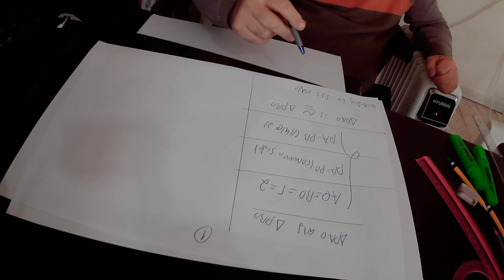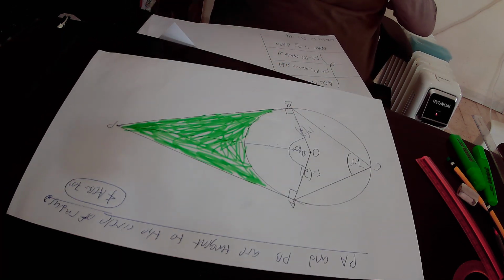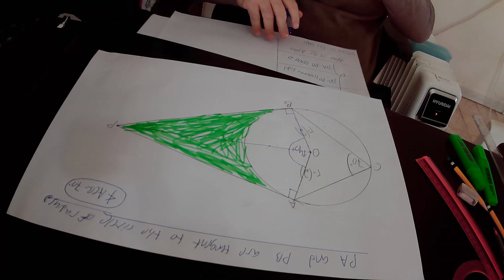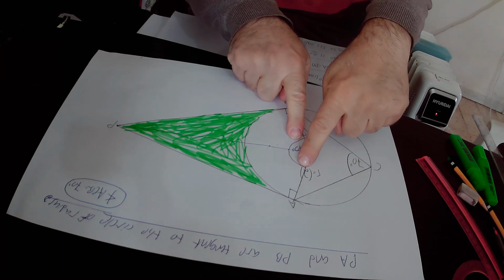And from the fact that those two right triangles are congruent to each other, we conclude that those two angles are equal to each other.